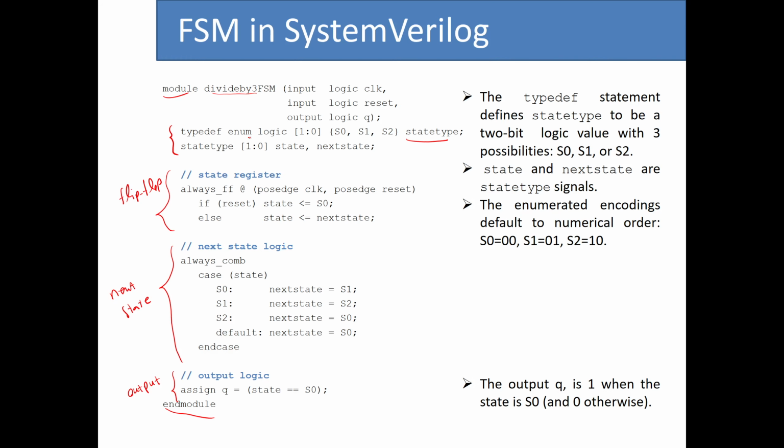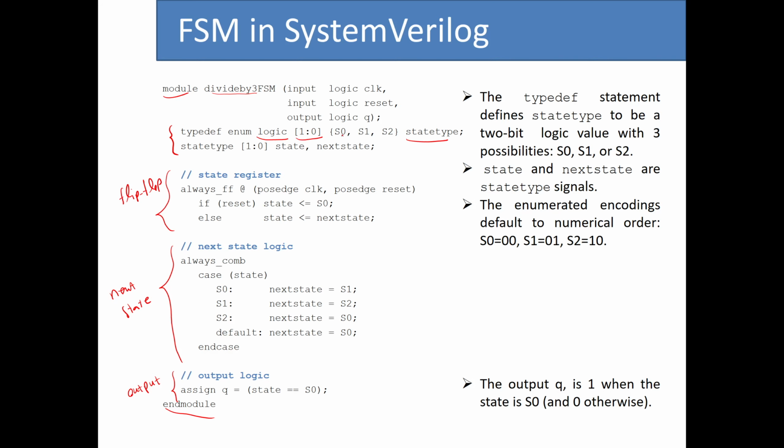We have enum, which creates an enumerated encoding, similar to the binary encoding that we have. The type is going to be a logic variable, and the size is 2 bits, bit 1 and bit 0.